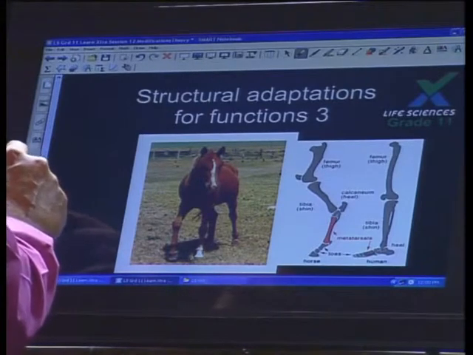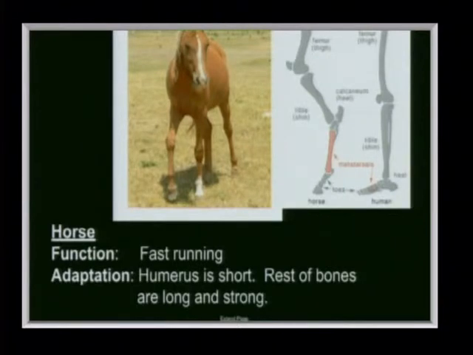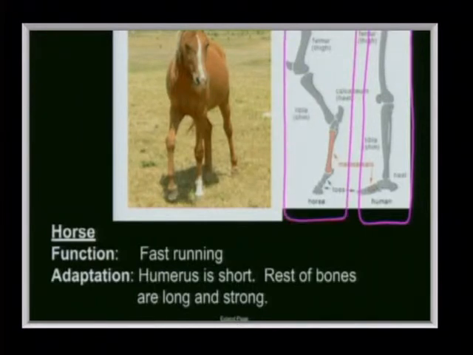Let's look at the horse. Here you can see as an example, here you have the structure of the human leg. Here you have the structure of the horse. And you can see basically the same structure. In the case of the horse, we all know about horse racing, so they can run quite fast.